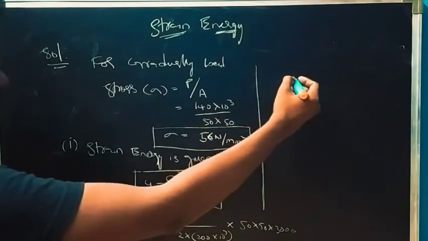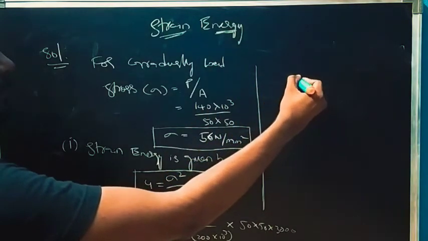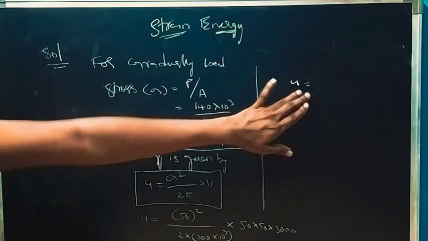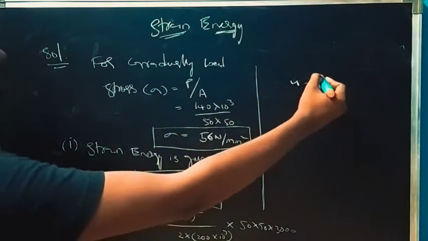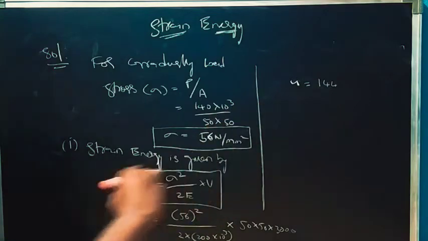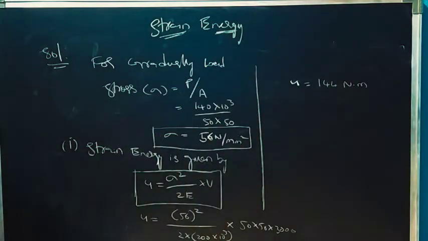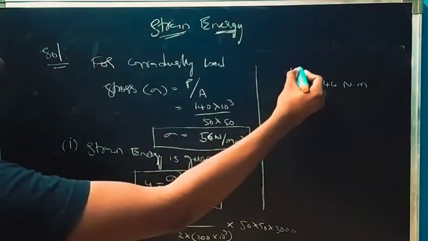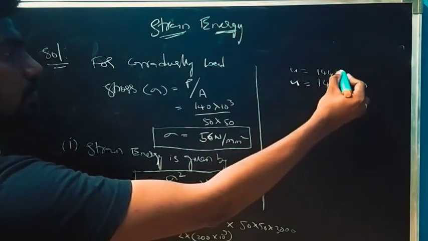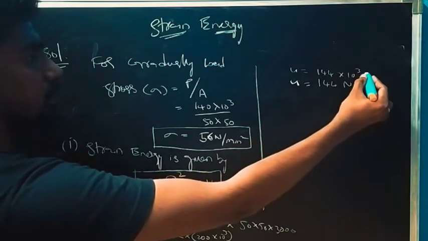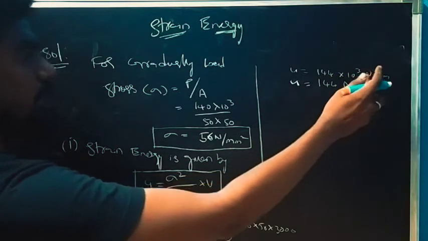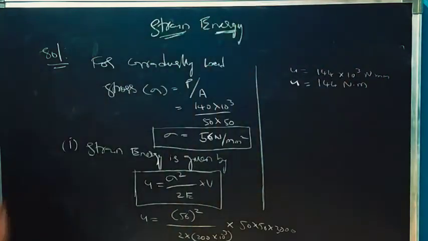Put this value in the calculator and it will be 144 Newton meter, that is 144 into 10 to the power of 3 Newton mm. I'm just converting the mm into meters.